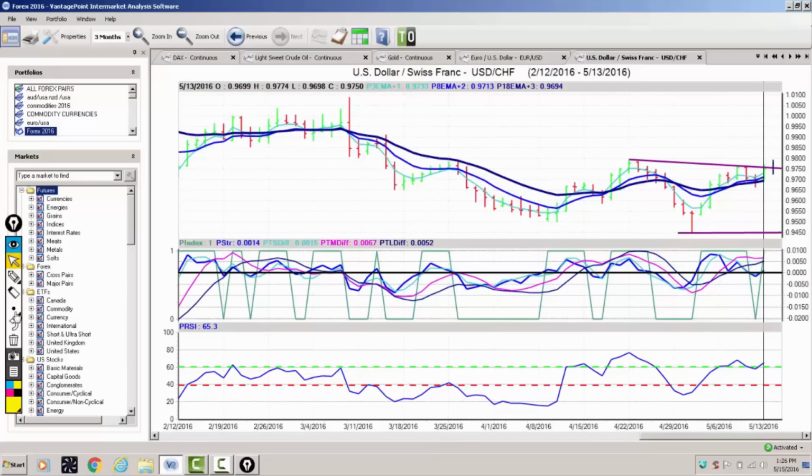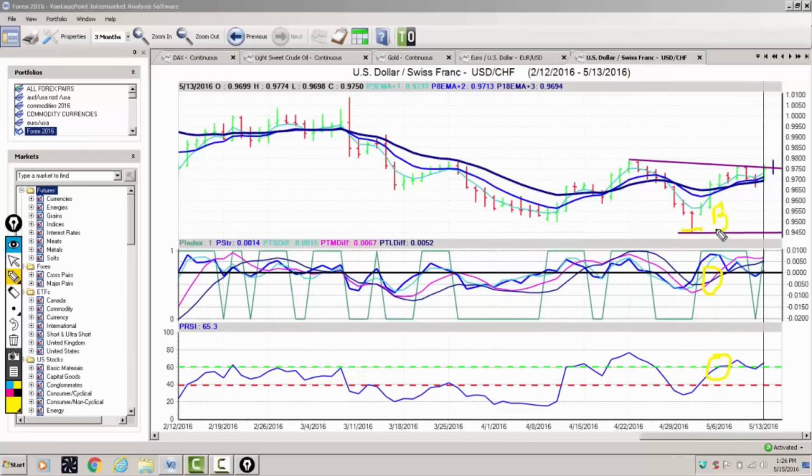Now, once again, pointing out some very critical divergence that I look at, because even some of my own clients last week questioned my call on longs on US Swiss franc, but you can see that divergence right here. Once we've made a bottom on this particular bar and we've got the medium term crossing over the long term predicted difference with a rising RSI above 60, this tells me this is clearly a buy zone.